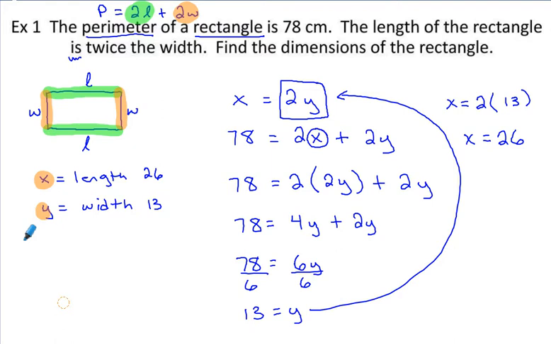You're welcome. Yes, sir. How did I get that? I took and plugged that in. What I did was took this X right here, and I replaced it with what's in my box. Why did I do that? Because that's what X is equal to. So I took that X, that's 2Y, and I replaced it right here in this parentheses.